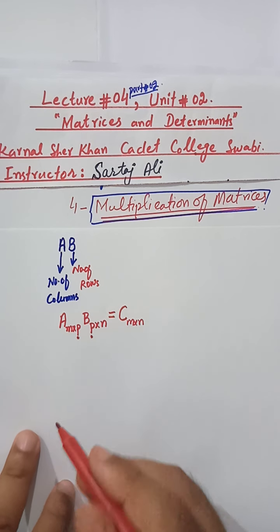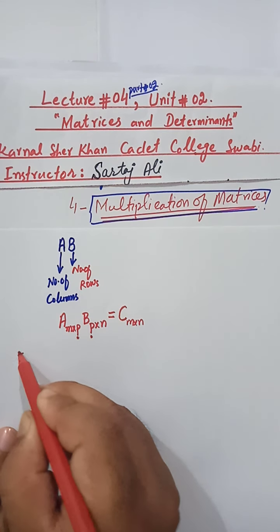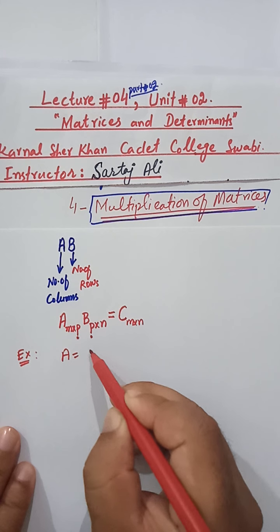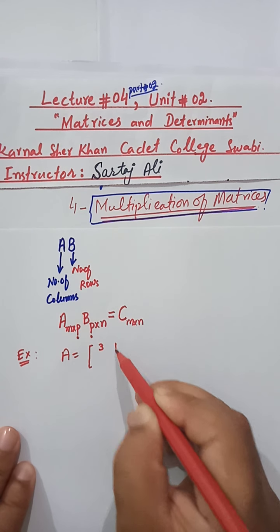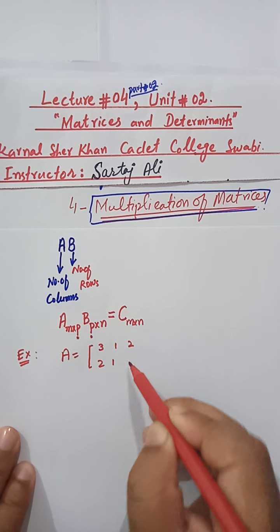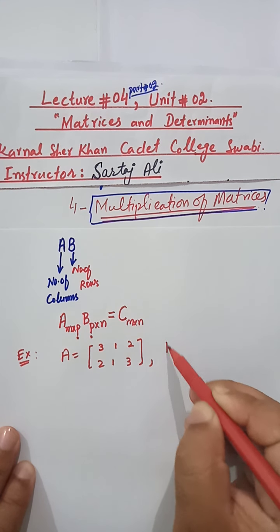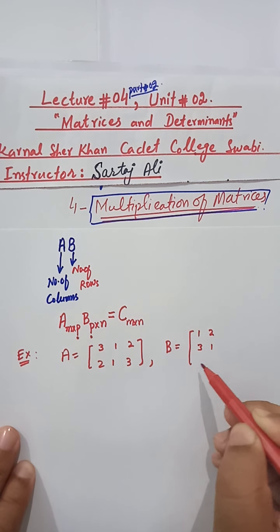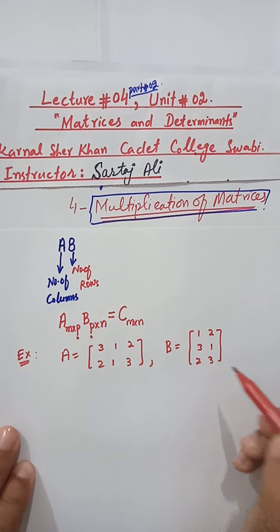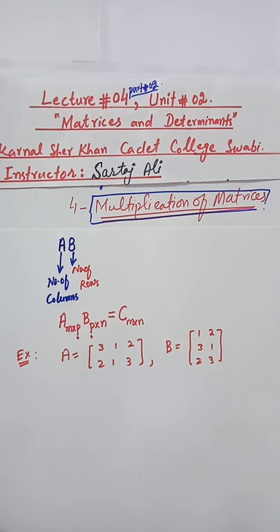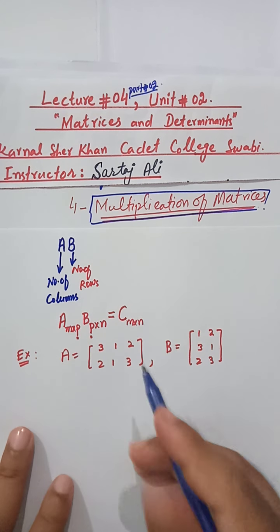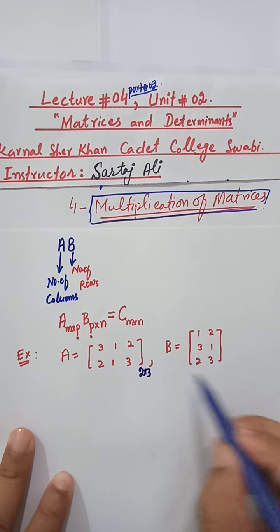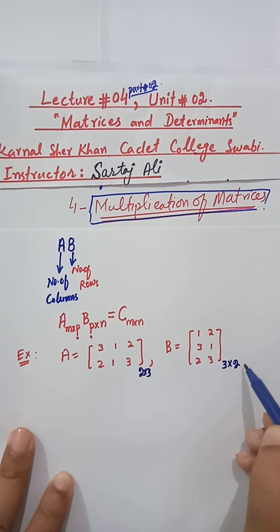Now I am taking a specific example to perform this multiplication. Let's say matrix A is 3 1 2 2 1 3, and let's say matrix B is 1 2 3 1 2 3. You clearly see that the order of this matrix is 2 by 3 and the order of this matrix is 3 by 2.